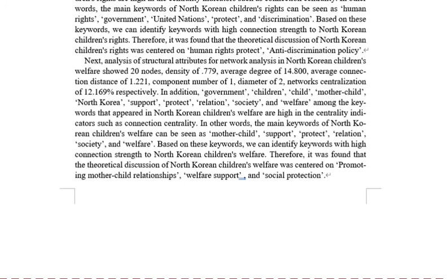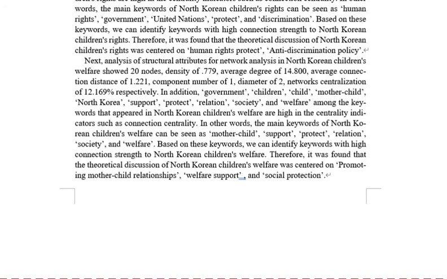In addition, government, children, child, mother-child, North Korea, support, protect, relation, society, and welfare were among the keywords that appeared in North Korean children's welfare and were high in centrality indicators such as connection centrality.